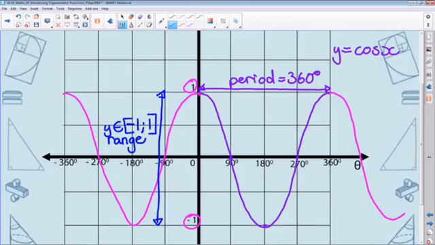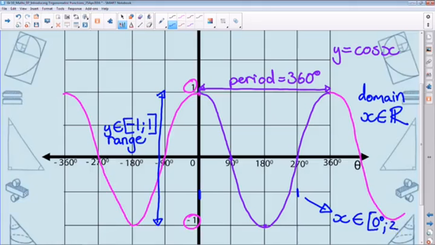Its domain, well, it's going to go on forever and ever. So we would say the domain, x is an element of any real number. If I had been asked to only draw from, let's say, 0 to 270 degrees, then the question would have said only draw from x is between 0, so we're including 0, and we're including 270 degrees.